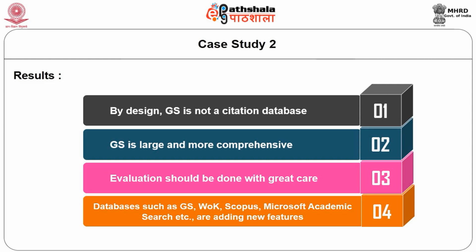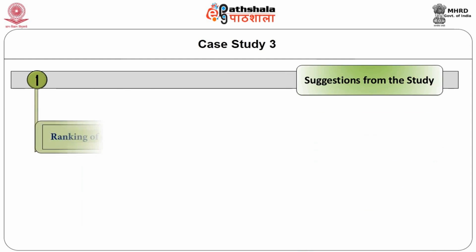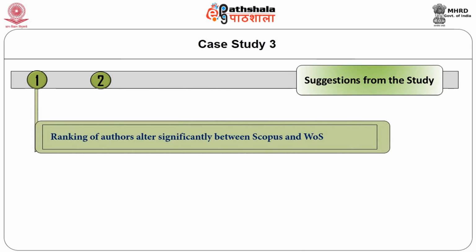They studied the impact of data sources on citation counts and ranking of LIS faculty, Web of Science versus Scopus and Google Scholar. Some of the suggestions made by them include that Scopus and WOS, Web of Science, could significantly alter the ranking of authors.